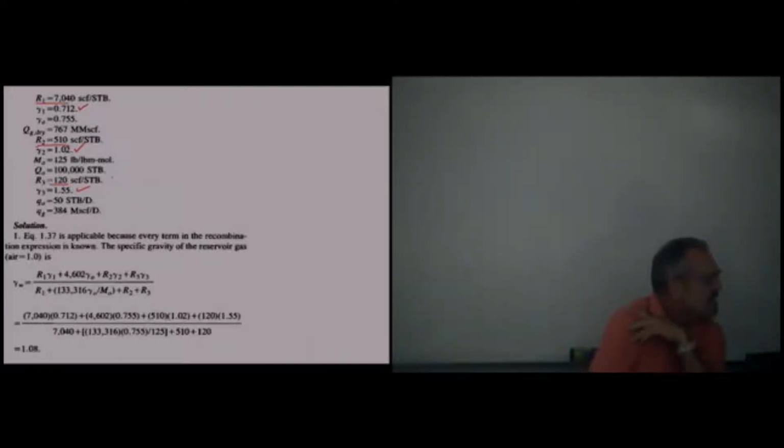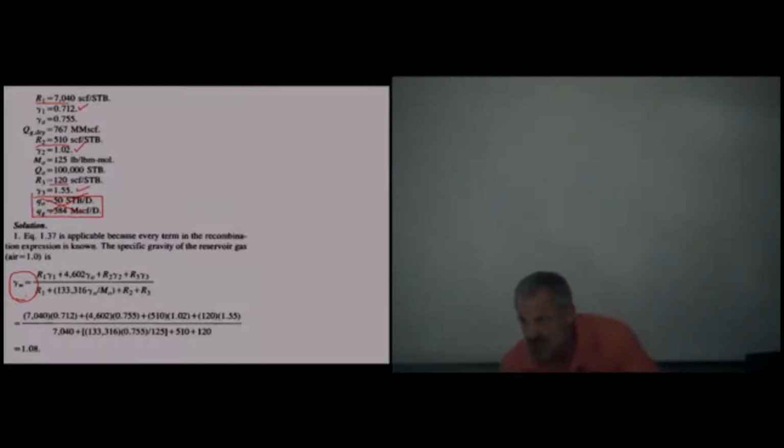Okay, and they're giving you your QO and your QG, but we really need to know the GORs. As I go through these examples, I'm not going to pay too much attention to these rates, because all I'm really after is that well stream gas gravity so that I can do what kind of calculations? Reservoir calculations.